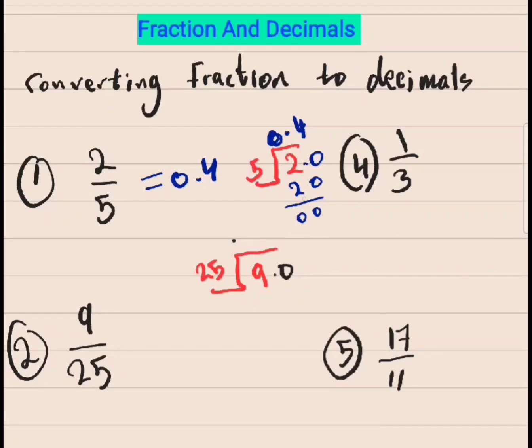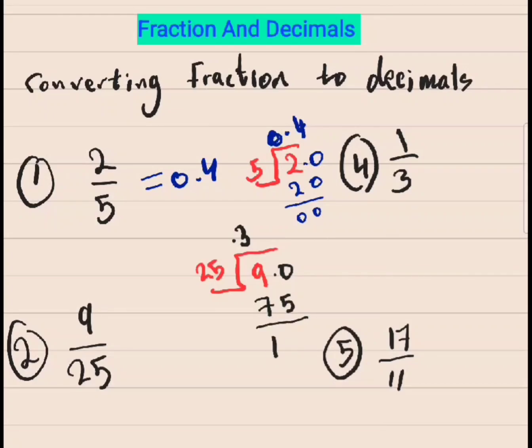We can't pull a group of 25 out of 9. So now we think of this as 90. How many whole groups of 25 out of 90? Well, 3. 3 times 25 is 75.